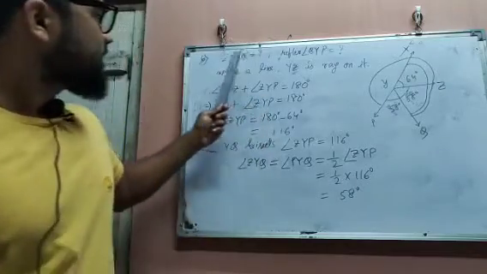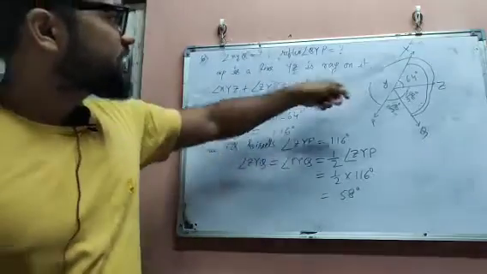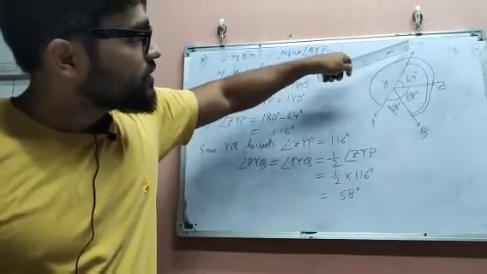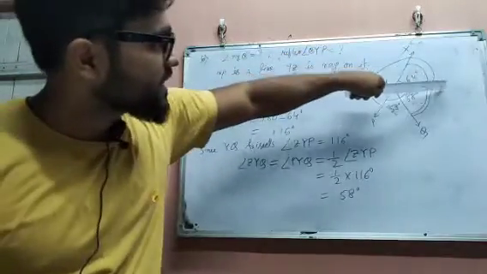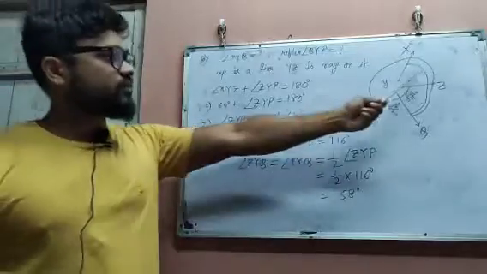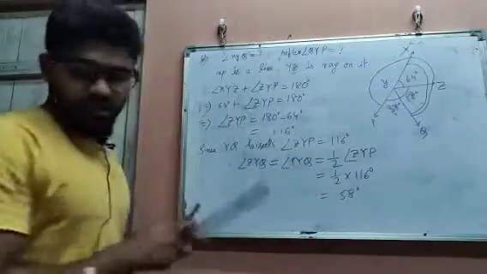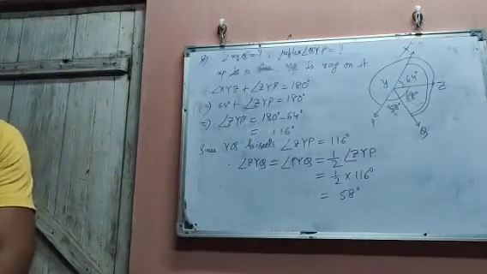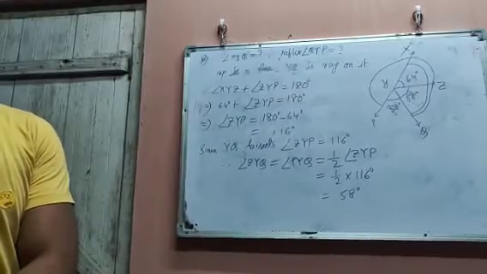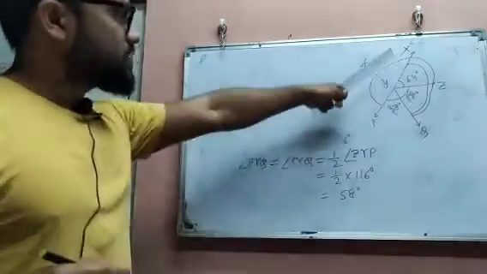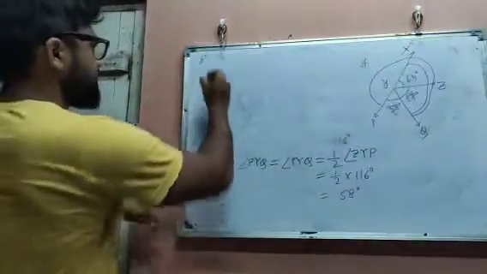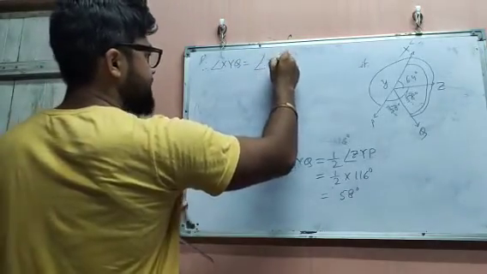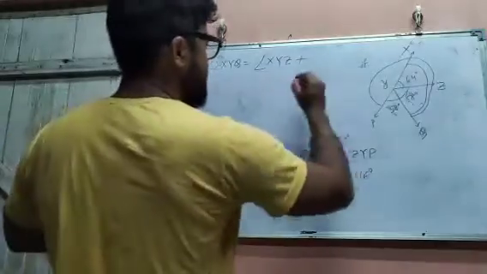So we are asked to find angle XYQ. To get XYQ, we need to do angle XYZ plus angle ZYQ, and we know both angle values. So angle XYQ equals angle XYZ plus angle ZYQ.